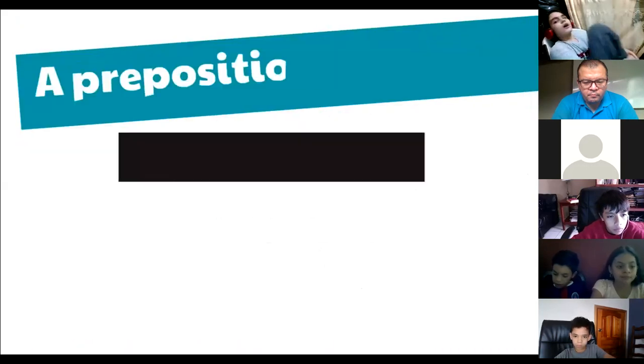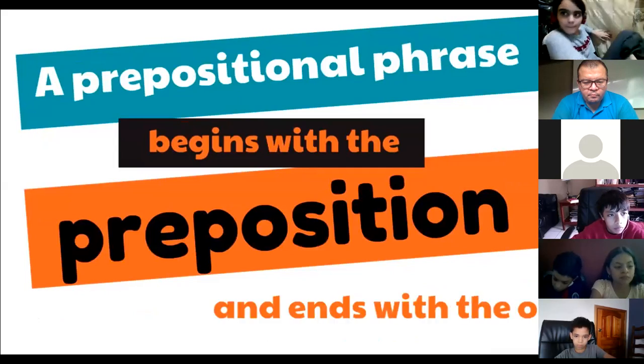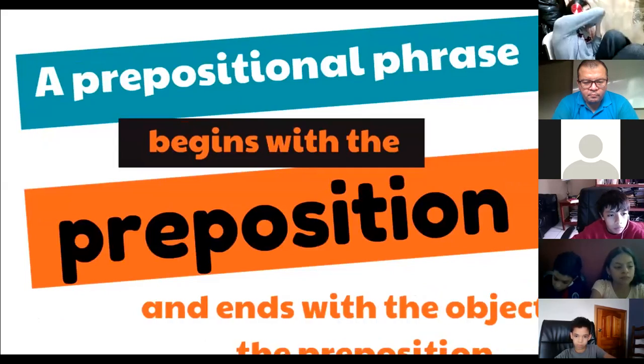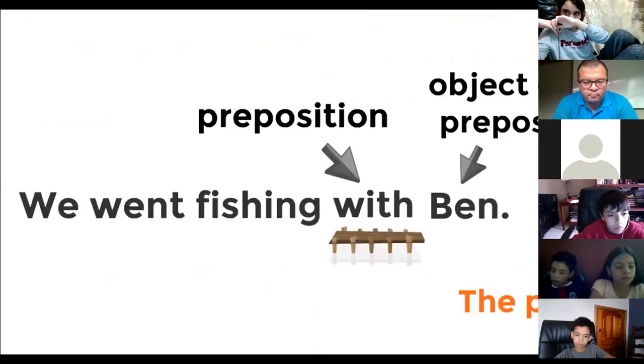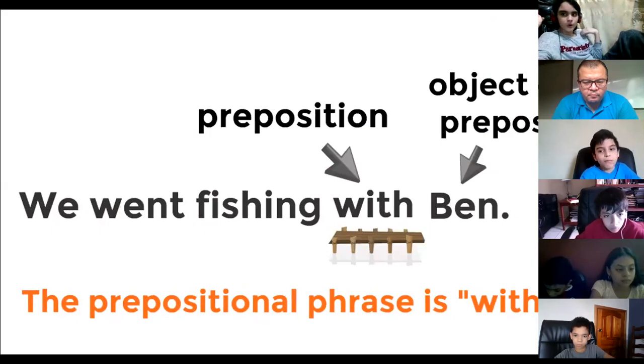Now remember, a prepositional phrase begins with the preposition and ends with the object of the preposition. So in our sentence, the prepositional phrase is with Ben. With is the preposition, so it starts the phrase, and the object of the preposition ends the phrase.